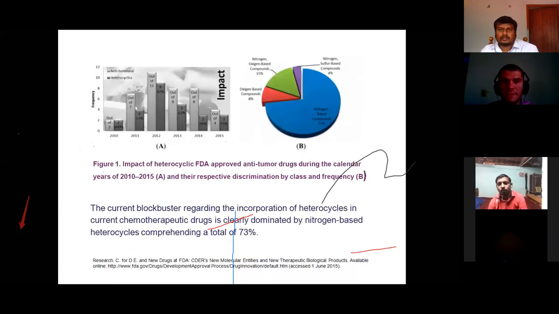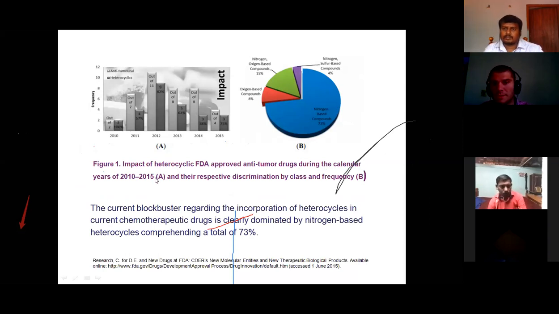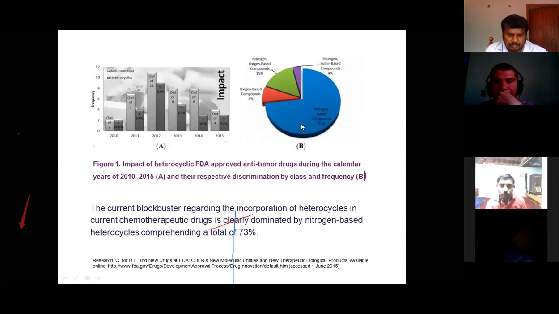In this slide you see some graphics from FDA. These are anti-tumor drugs during the calendar from some year. You see in these diagrams the percent of some heterocycle compounds.